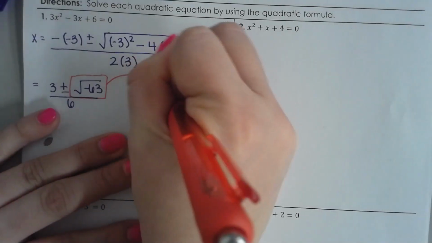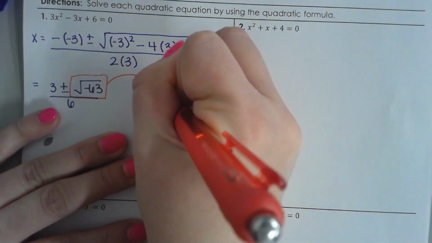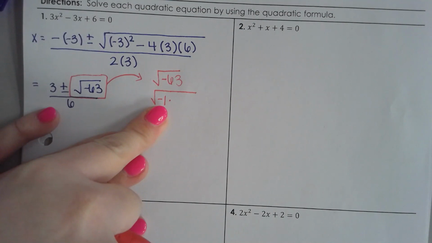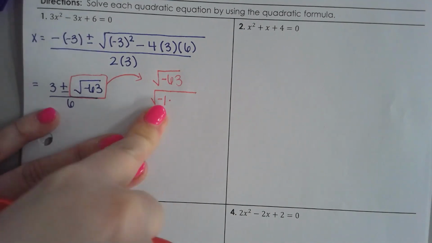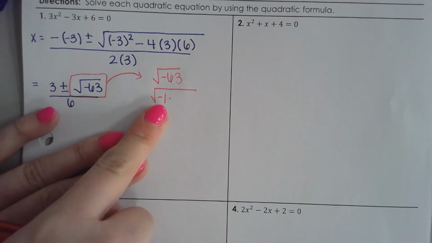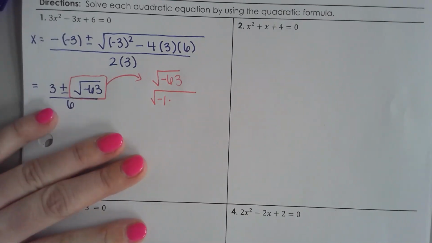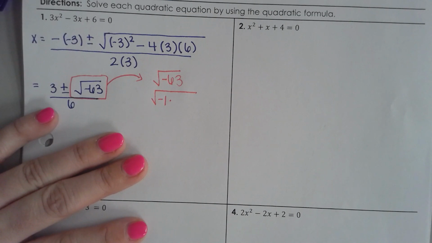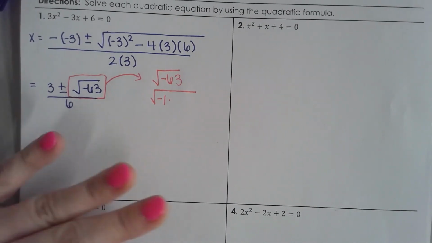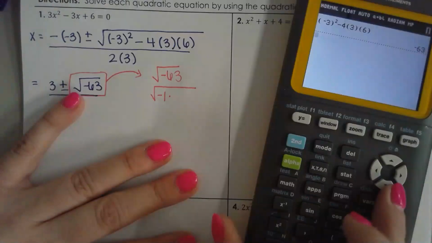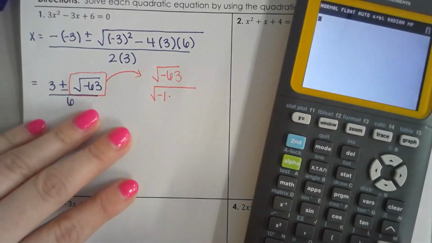So I'm going to rewrite this. I know I'm going to have negative 1 times something. And that's going to leave me with 63. I need to know what the largest perfect square is that goes into 63. So it will end up being 9.